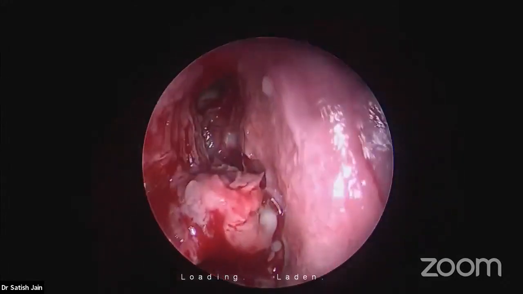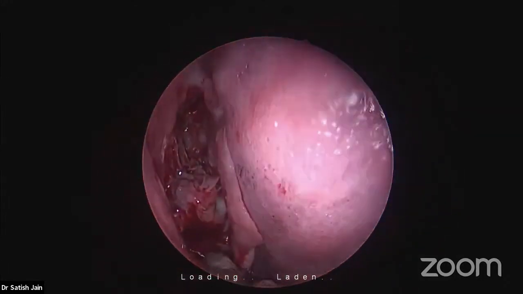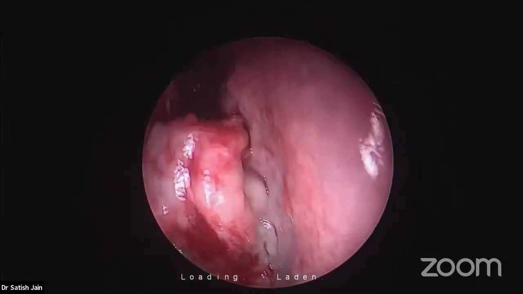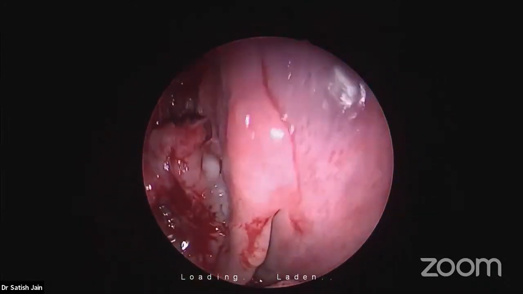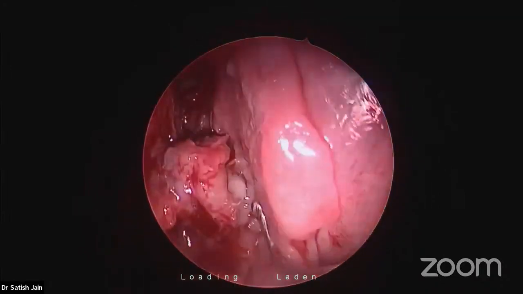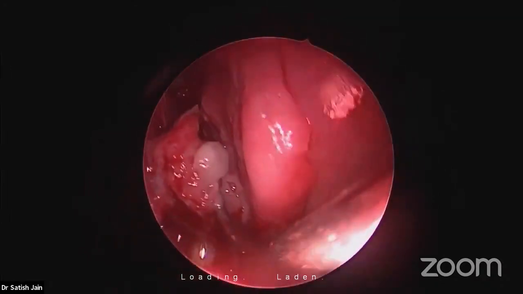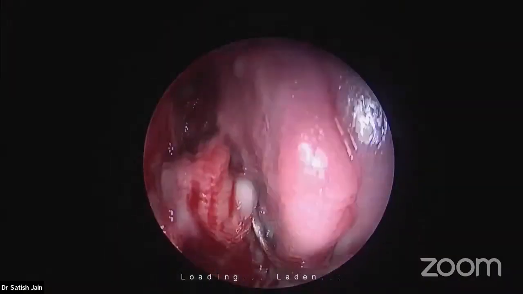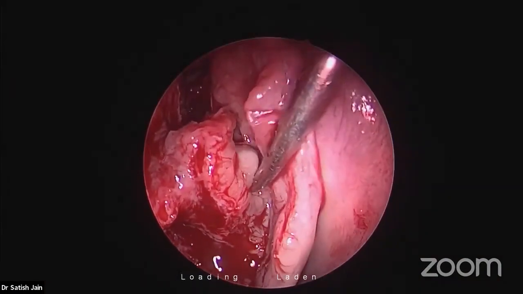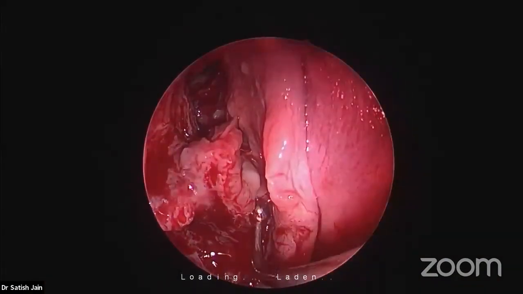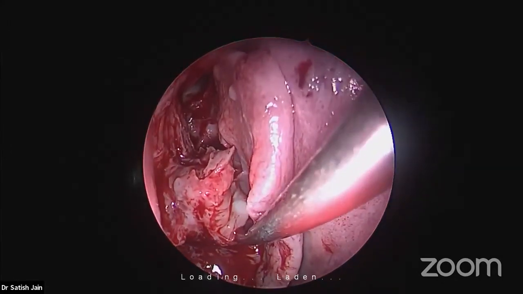And the other fissure is between this bulla and the middle turbinate. Can you see this space? This is hiatus semilunaris superioris, and this leads to the retrobullar recess.